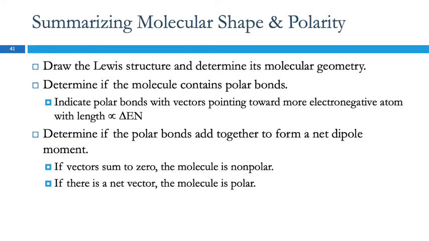If all the bonds are nonpolar, and the one I asked you to remember was carbon-hydrogen, so if you only have carbons and hydrogens, all the bonds are nonpolar, so it doesn't matter what shape or what's going on, it's a nonpolar thing, right? And then you would indicate the polar bonds with vectors. You'd add the vectors together and see if there's a net dipole moment.